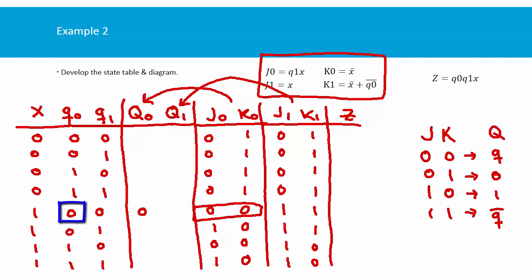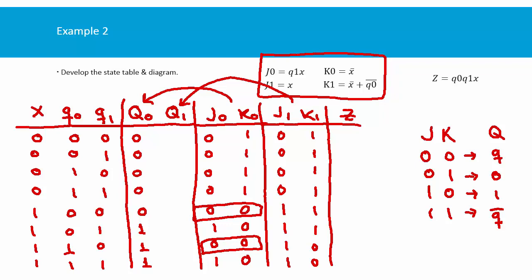So it's going to be 0. When we have 0, 1, which is in all this section, then we're going to have a 0. So very easy to analyze. And okay, we also have another 0, 0 that I forgot here. In this case Q0 is 1, so it's going to remain 1. And we also have 1, 0. And 1, 0 means on. So this is going to be the behavior of Q0.